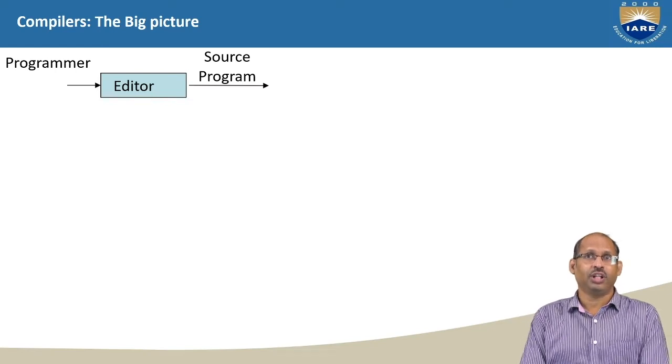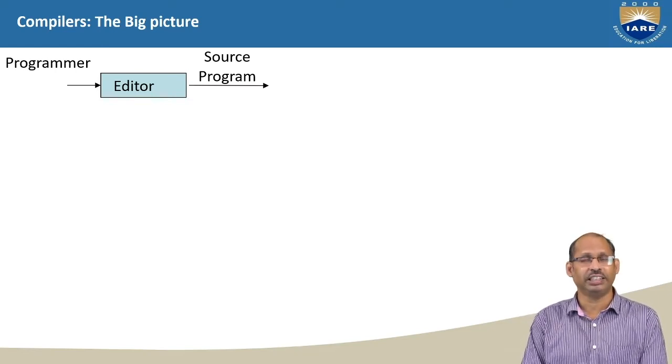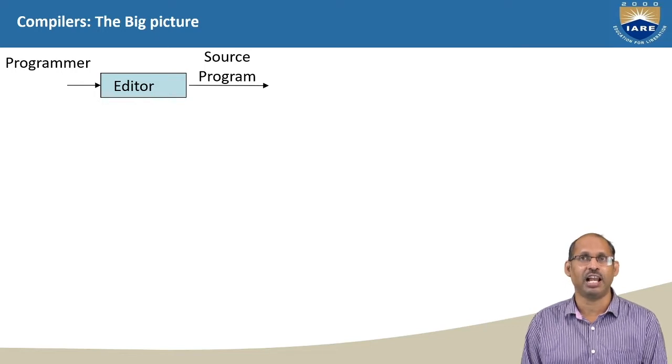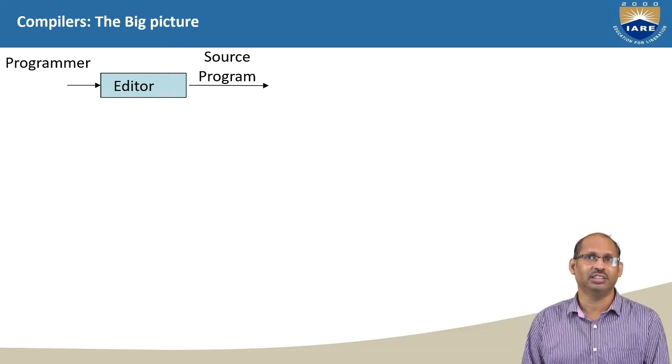So now we'll see this complete compilation process once again. The programmer will take the help of an editor in writing the source program. For Java also there are so many editors. For C also there are so many editors, and for C++. So the use of an editor is for comfortable writing of the programming statements.